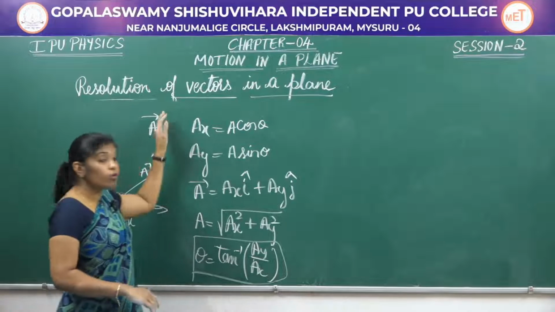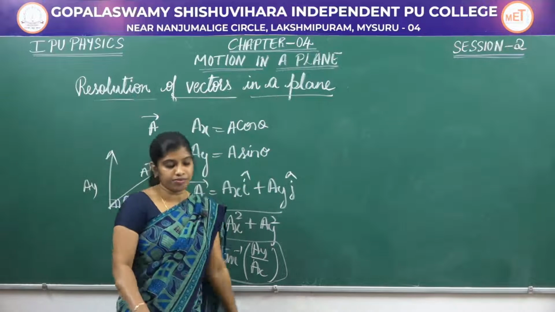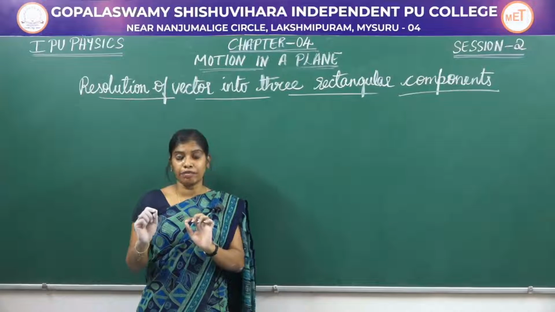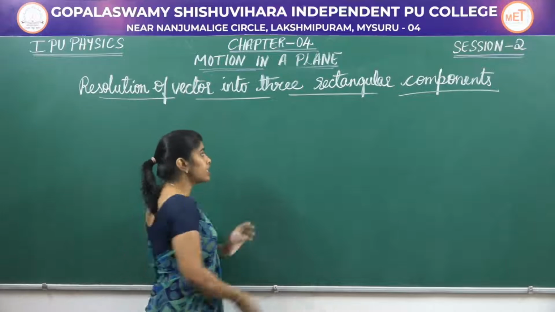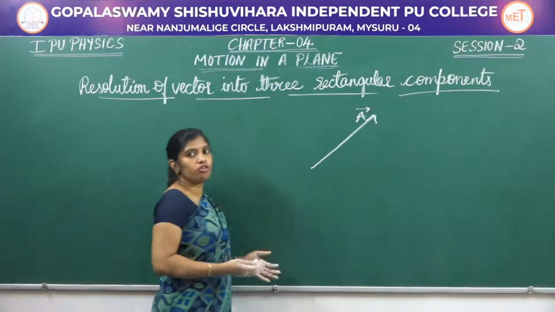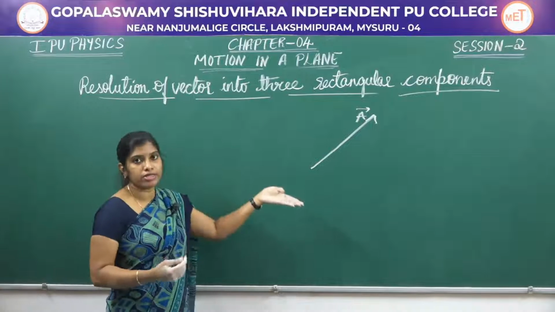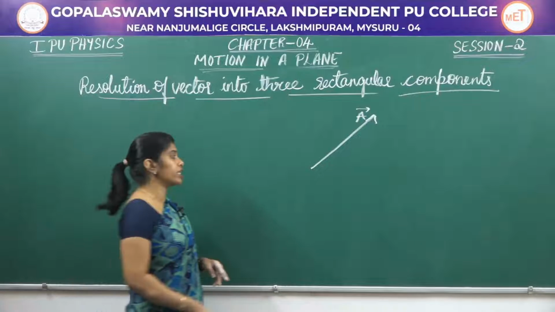Remember these things. Now we are going to resolve the vector into three rectangular components. If I have a vector in three dimensions, that is in space, then let me consider this is a vector A. How do I resolve it? I need to resolve it into three rectangular components because I do have three coordinates.